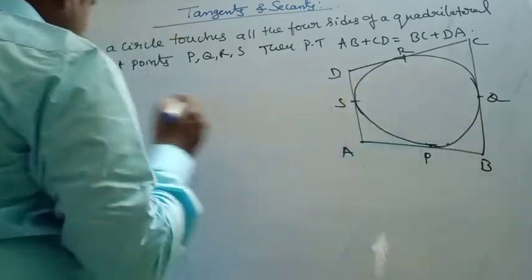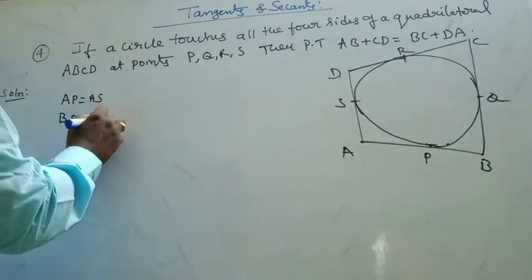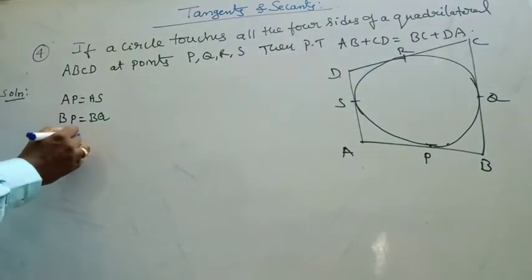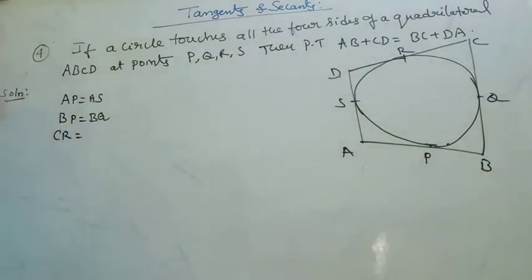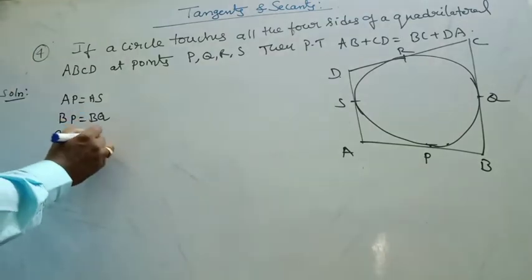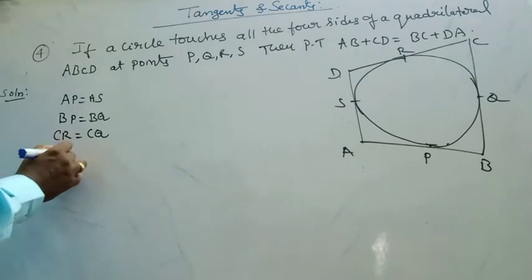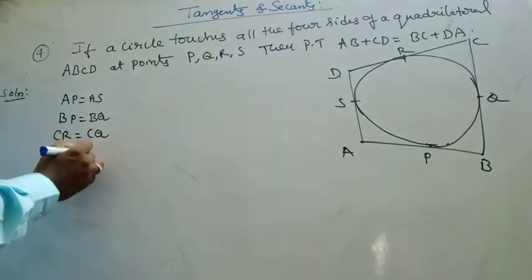Wonderful. Next, in the same way, we have here CR is equal to CQ. C is an external point. From that, if you draw tangents, their lengths are equal. Next, you have here DR is equal to DS, the same way.